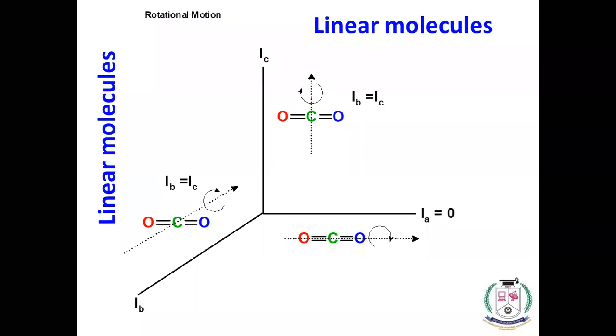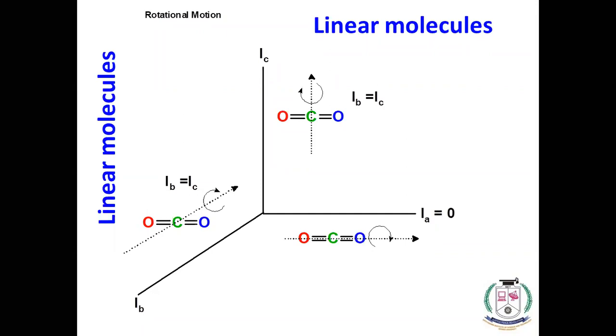That is why IA is 0 for carbon dioxide: all the atoms are on the axis, and the distance R has no effect on the moment of inertia.